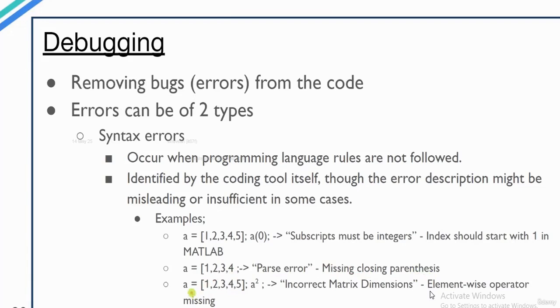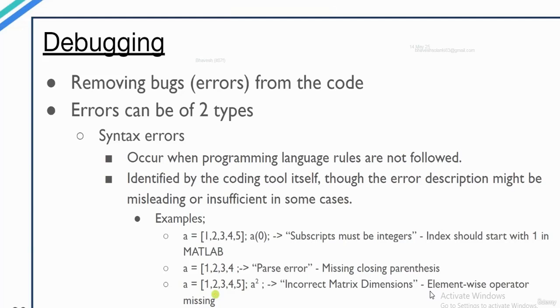The third example here, we have an array A, and we want to compute the square of A. This operation again is going to result in a syntax error, which says incorrect matrix dimensions, because by default, we all know that Matlab is going to treat any variable as a matrix. So when we do any computation like A square, Matlab is actually trying to perform matrix multiplication.